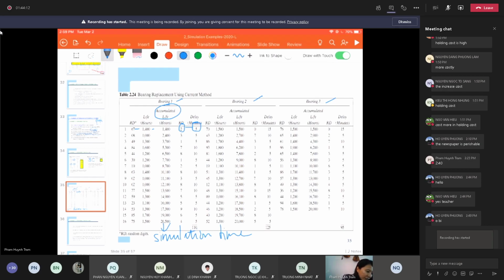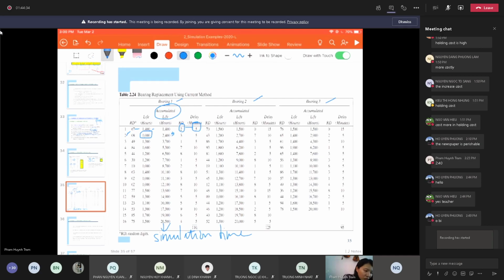Okay, we monitor the second bearing number one, and the lifetime of this bearing is 1,000 hours. After 1,000 hours, our simulation time would be in total 2,400 hours.